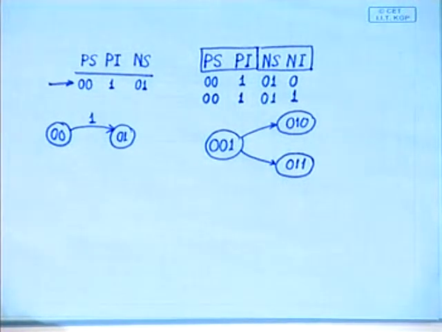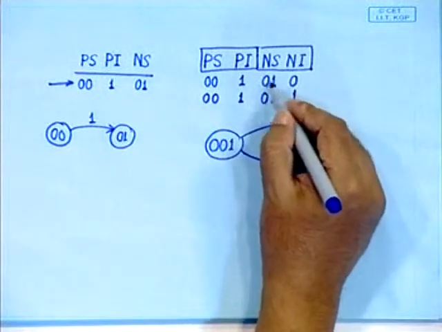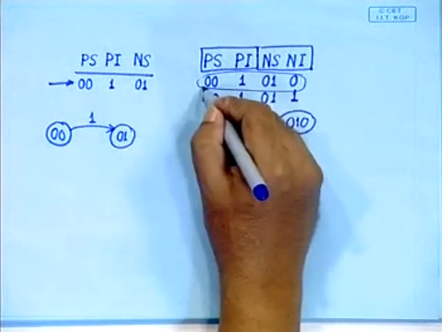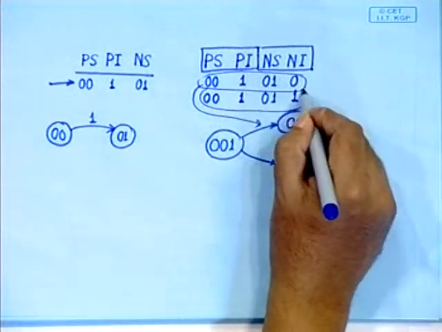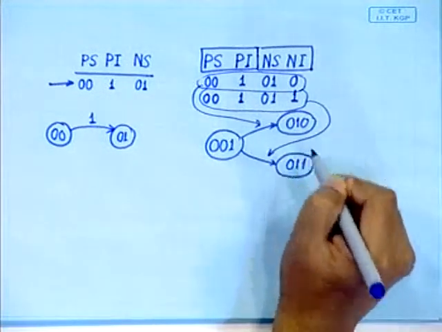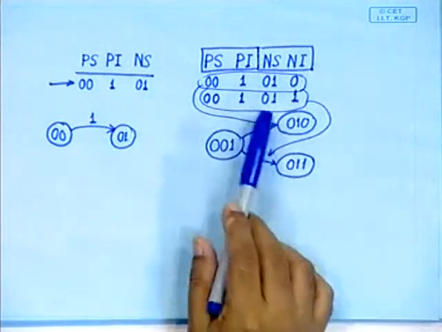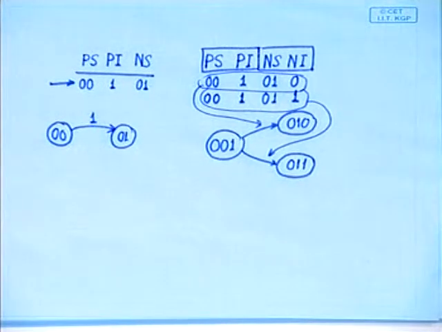That is what we have done. This transition 001 to 010, this transition is this one, and this transition is this one. See, 001 to 011. Is that clear?